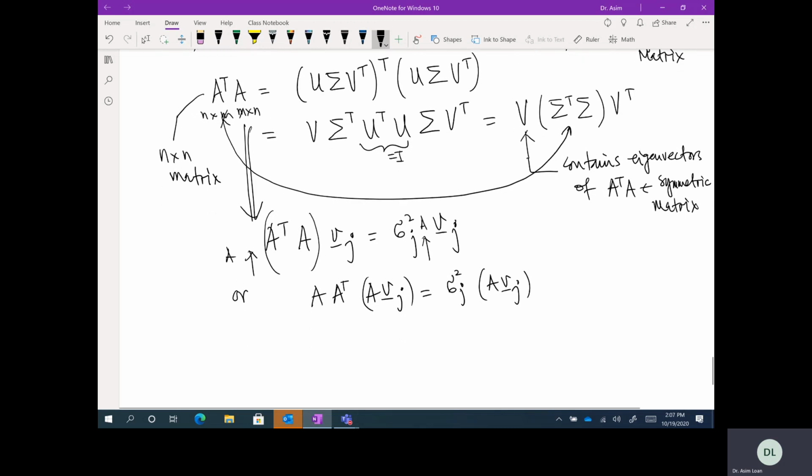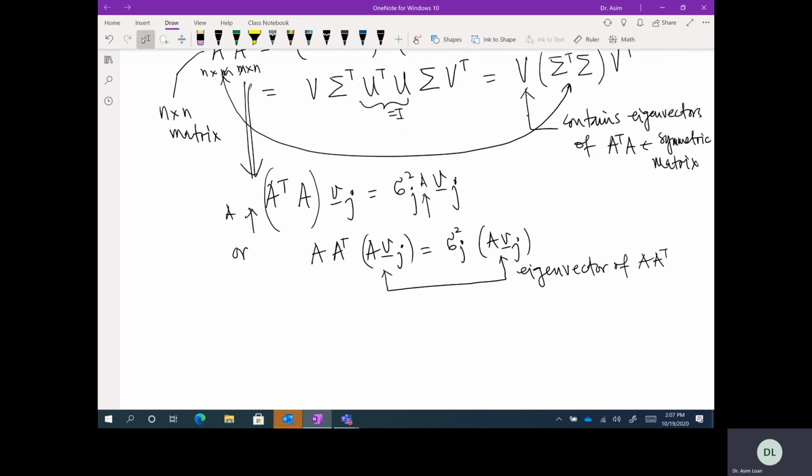So this is the eigenvector of A A transpose. And what is the length of this vector?